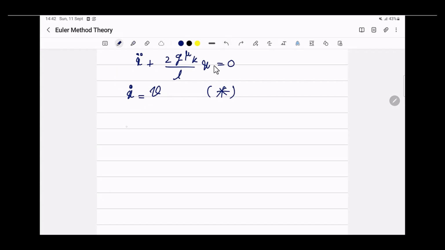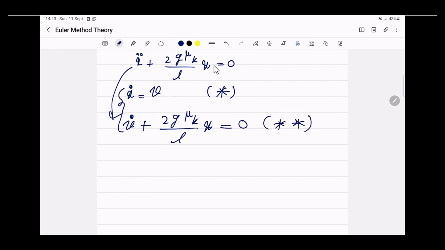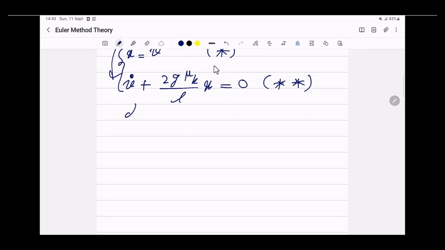So we would have v dot, because x double dot is v dot based on this definition. v dot plus 2g mu k divided by L, x is equal to 0. So now we have a system of two equations. Now let's rewrite these two in the familiar format of dx/dt is equal to f(x,t), and for this one dv/dt is equal to f of v and t.